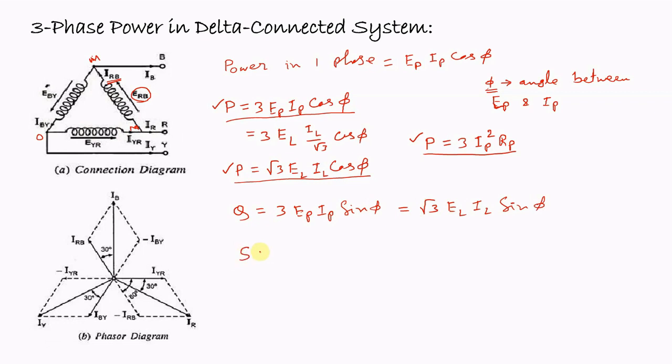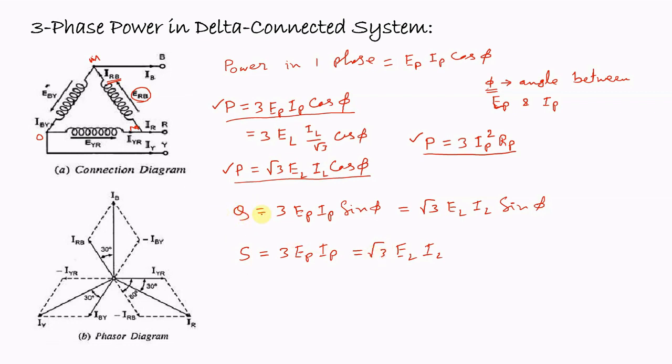And the apparent power can be written as 3 E phase I phase, or it can be written as root 3 EL into IL. E phase into I phase is the apparent power in one coil. So for three symmetrical coils, it will be the total apparent power, and in terms of the line values, this will be the value of the apparent power.